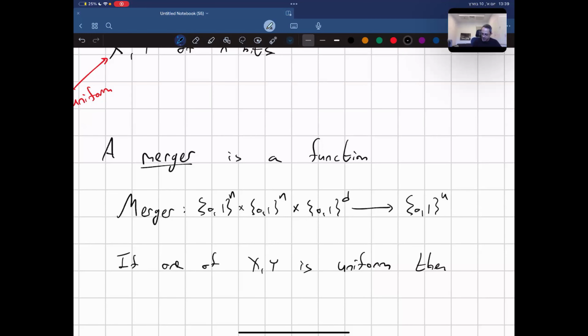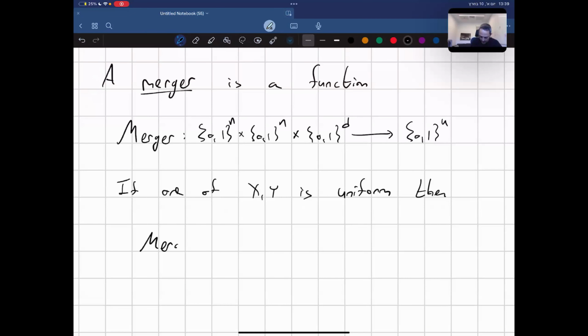then you want that the merger applied to X, Y, and a uniform seed S, where S is uniform and independent of the joint distribution of X and Y, right? You want this to be epsilon close, epsilon is a parameter, to not uniform, but to some k-source.